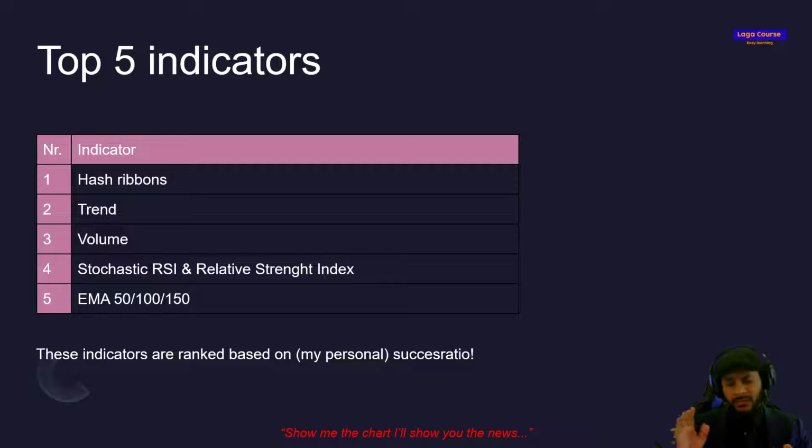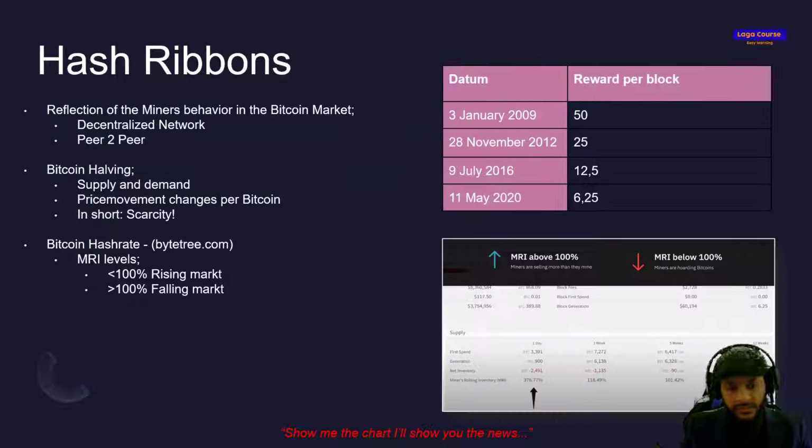It's basically the same thing, but just so you know how you should interpret these indicators. These indicators are ranked based on my personal success ratio, so you have to find your own, but at least understand these 5 basics before you adopt new indicators.